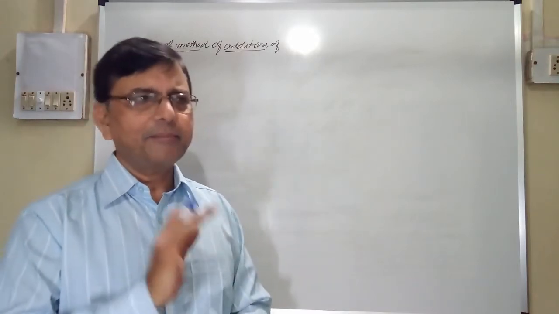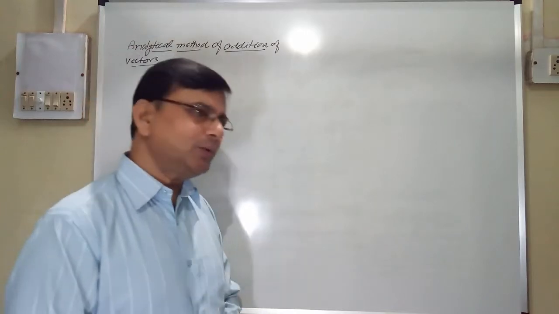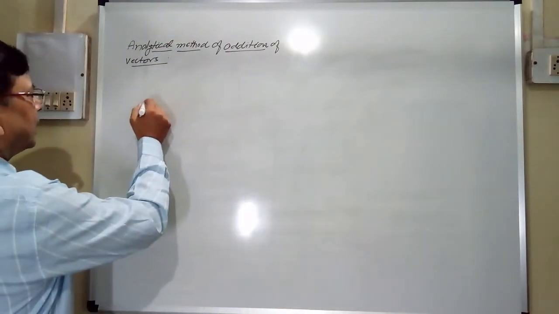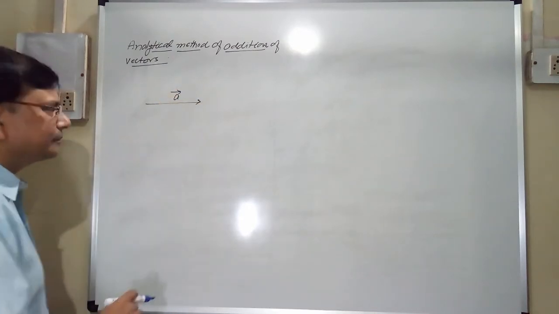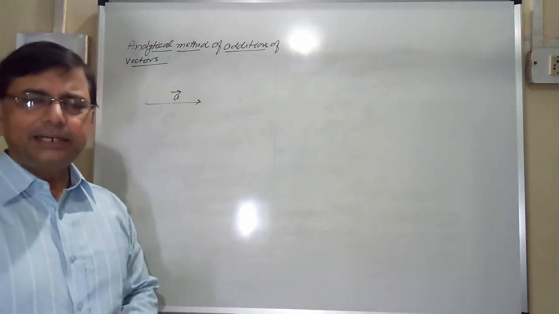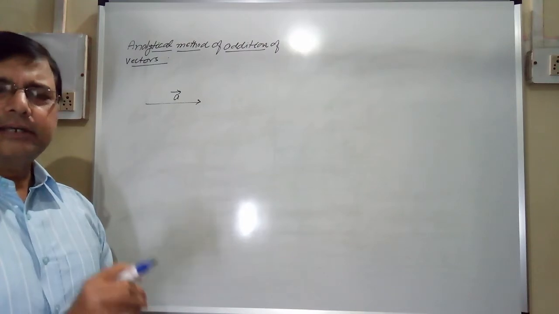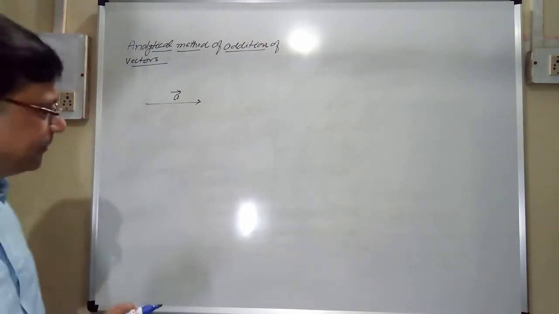Before going for analytical method of addition of vector, certain basic things I will explain you that is required to be understood. Suppose there is a vector A. So this vector A can be represented in terms of magnitude of the vector and the unit vector in the same direction, right?